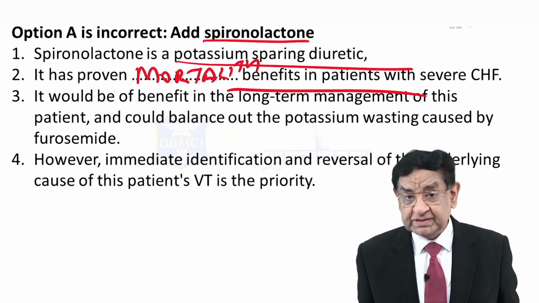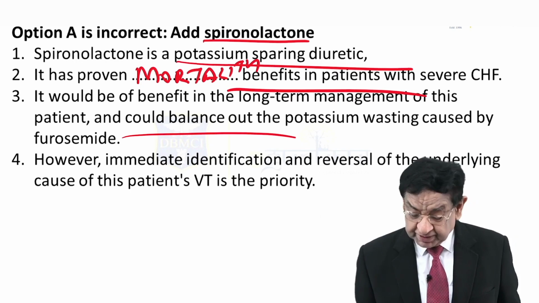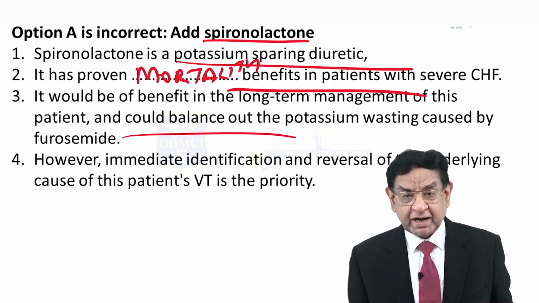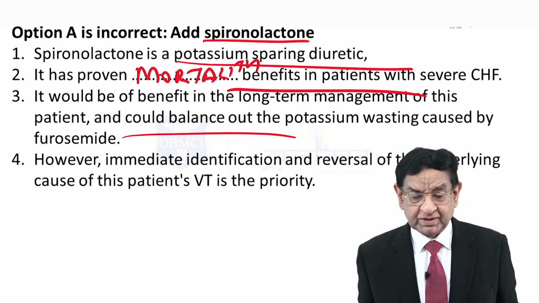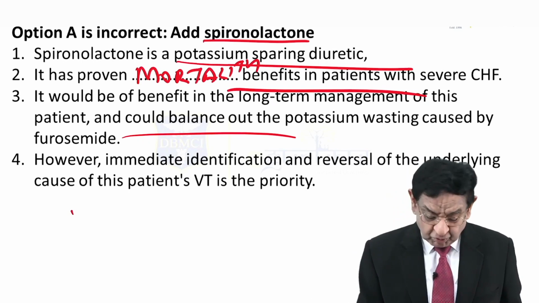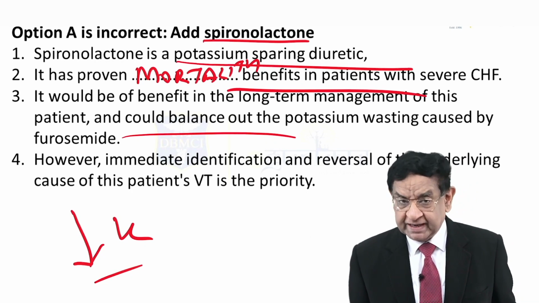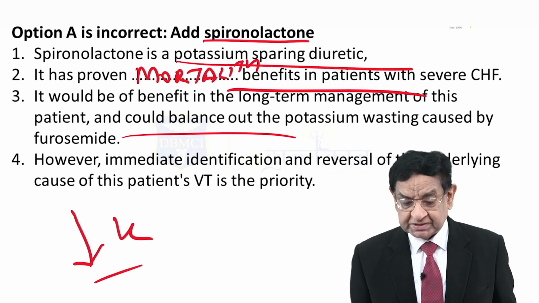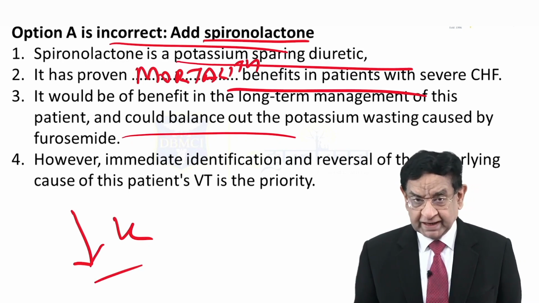So the first thing is to do the testing of electrolytes. Even if you add spironolactone, it's not going to take care of the hypokalemia within minutes or hours. It will take time. But a low potassium level can produce ventricular tachycardia at any moment, and the patient will have a cardiac arrest. So this doesn't stand anywhere. The best answer shall be electrolytes.